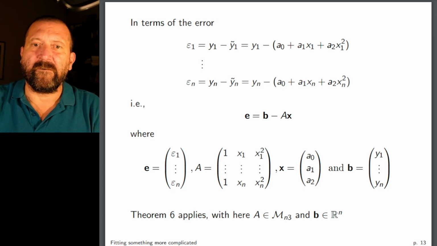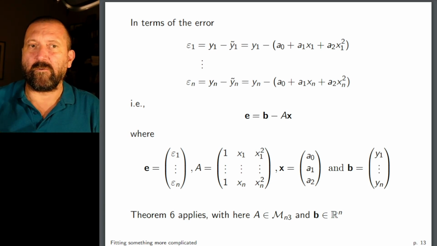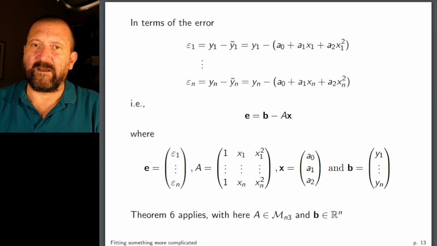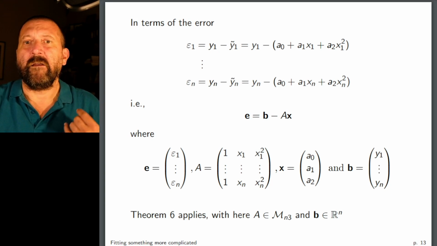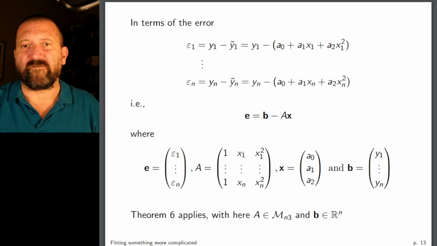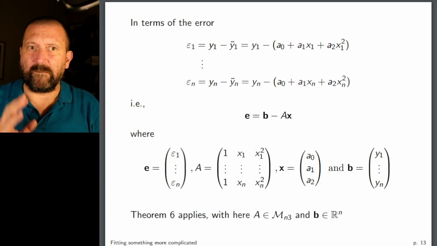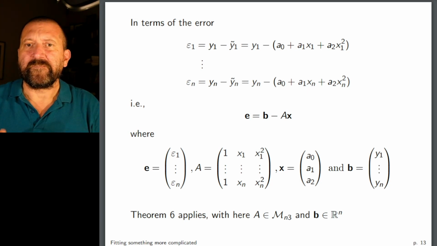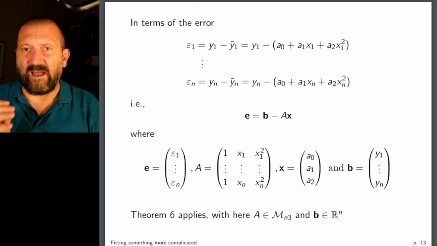And finally, the matrix A is very similar to the one before, except it has one more column. If you go back to what we did for the affine function, we had two columns, the column of ones and the column x1 to xn. Here we're adding a column with x1 squared all the way to xn squared. This is exactly the same thing, except that I am now squaring the x values at the data points.